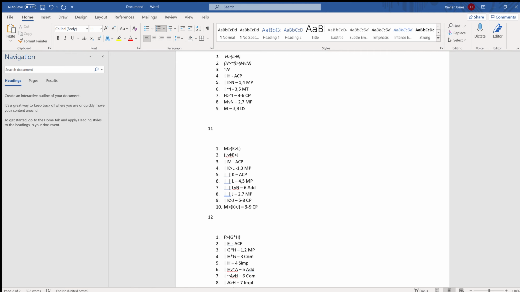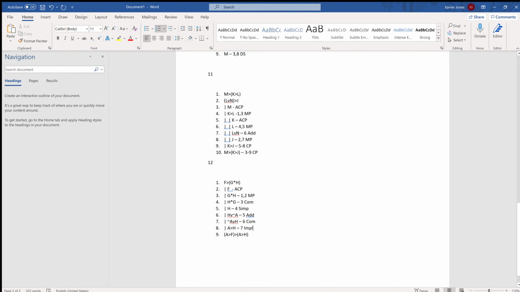Not P or Q is the same as if P then Q. Not A or H is the same as if A then H. So at the end of the day, we can get ourselves if A then H. If F then A or H, you know? I just have to keep going back and double checking. Yes, that is indeed what the task was that was being asked for.